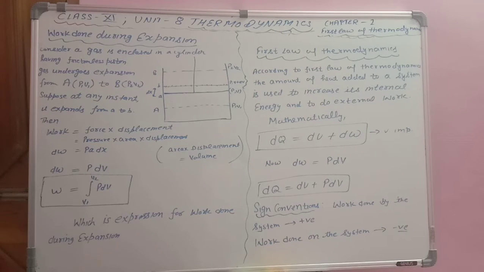We have studied thermal equilibrium, the zeroth law of thermodynamics, and some very important definitions like thermodynamic system, thermodynamic variable, and some very important processes like isothermal, isobaric, isochoric, and adiabatic process. If you are still not clear with the definitions, then please go back and watch that video.